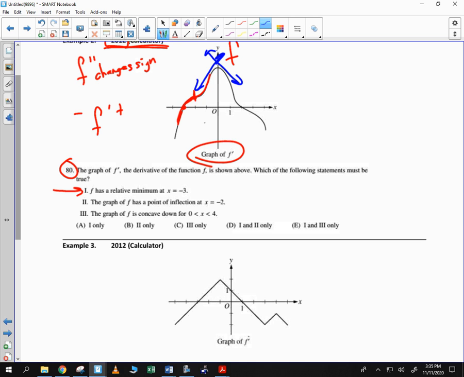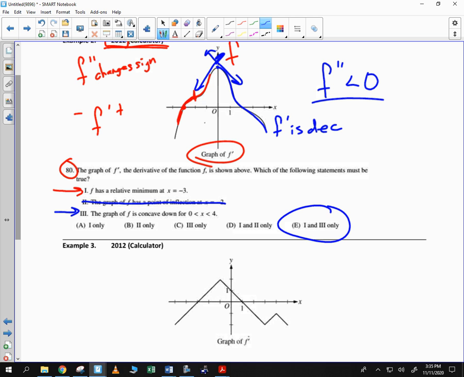So actually the inflection point is going to happen at 0. So this is not true. And then the graph of f is concave down from 0 to 4. Concave down is where f double prime is less than 0. So 0 to 4, let's look at the second derivative. Yep, looks like f prime is decreasing, which means that f double prime is less than 0 from 0 to 4. So this one is correct as well. So we're looking at 1 and 3. 1 and 3 is the answer.